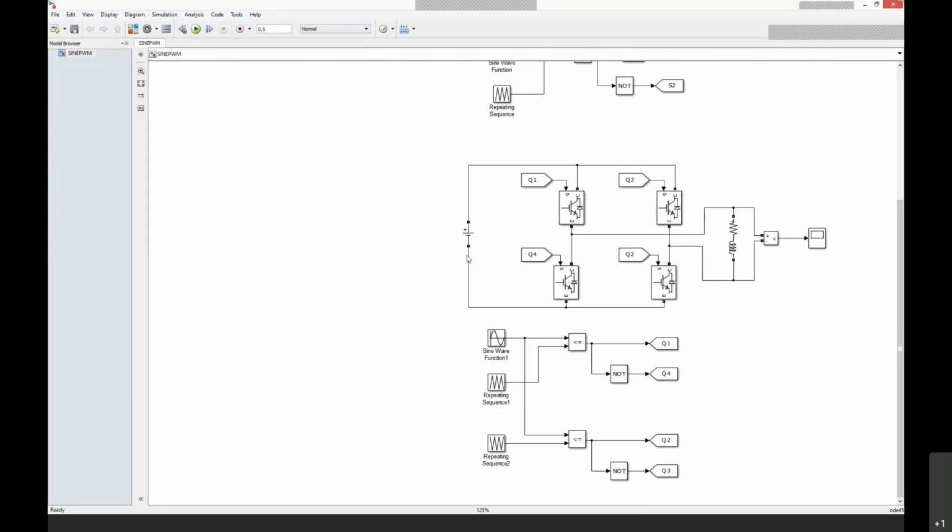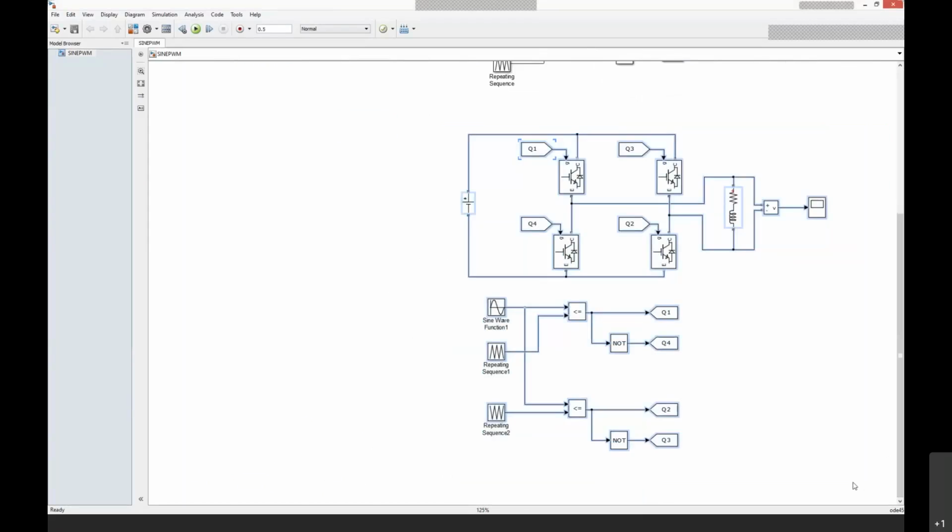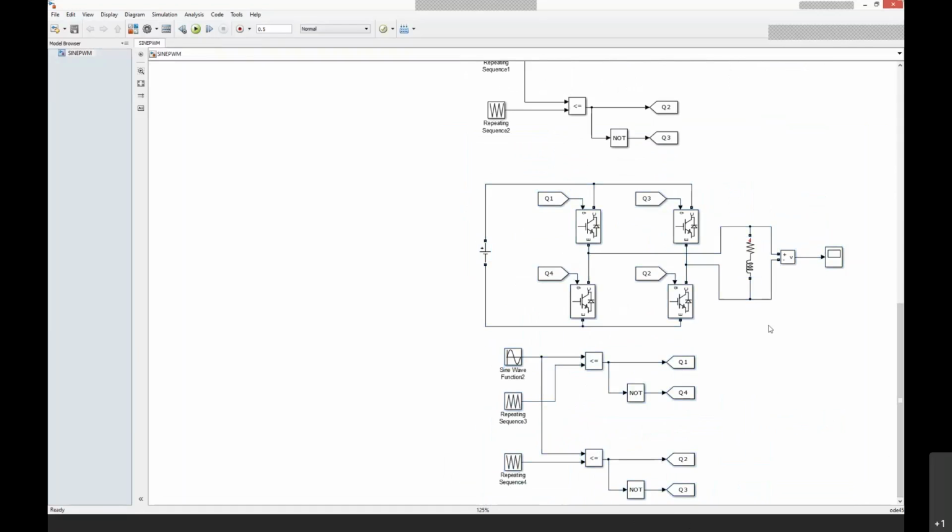And now we'll move on to three phase. In the case of three phase, you require three phase legs.